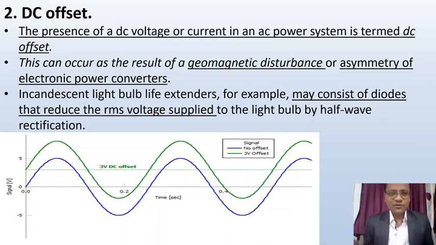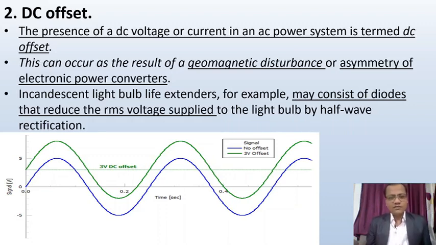Now the next phenomenon in the power quality events is the DC offset. DC offset is the presence of DC current in the AC power system. It is quite hard to imagine how any kind of DC current can be merged into the AC power system.